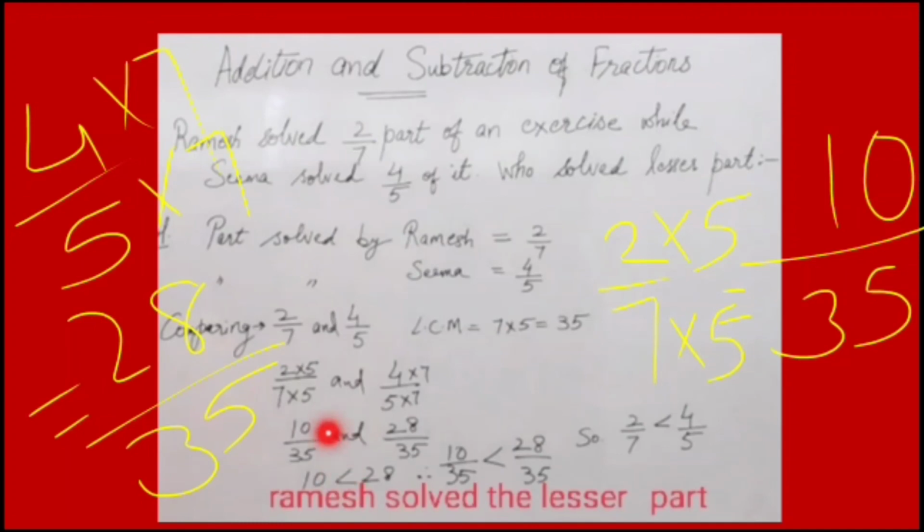Now, 10 is less than 28. Therefore, 10 by 35 is less than 28 by 35. So, 2 by 7 is less than 4 by 5. 2 by 7 represents 10 by 35. That is whose part? Ramesh. So, we can identify that Ramesh solved the lesser part.